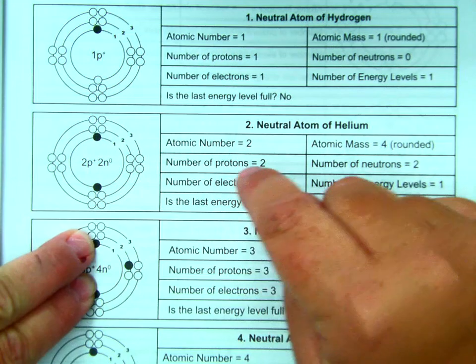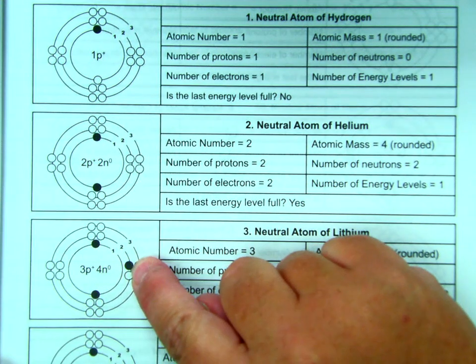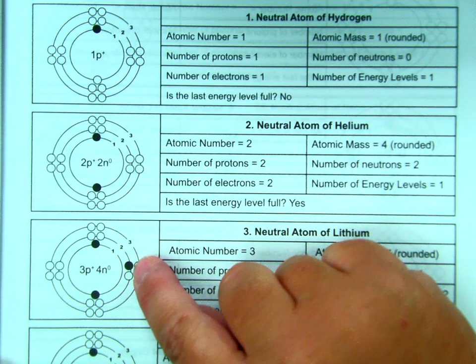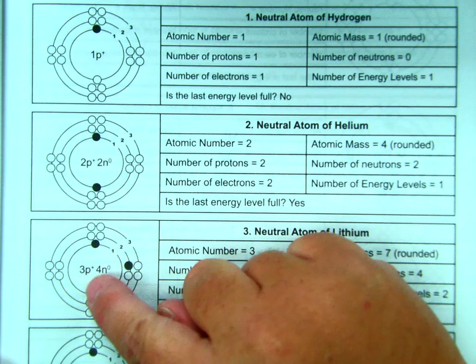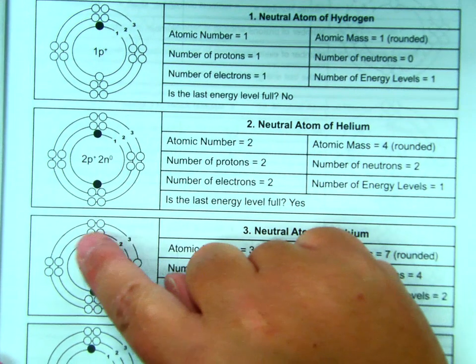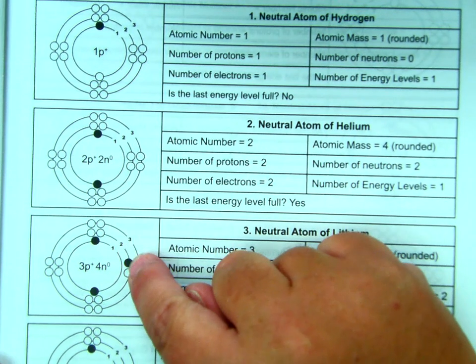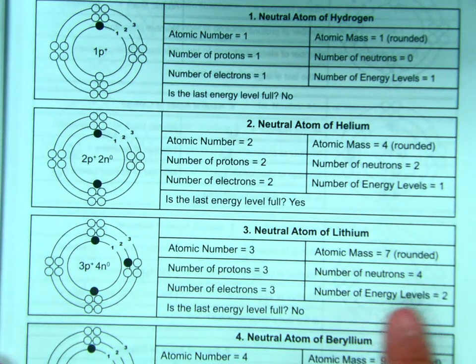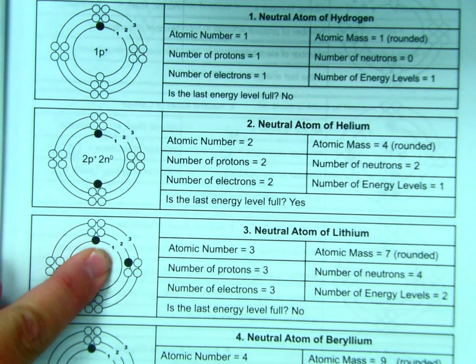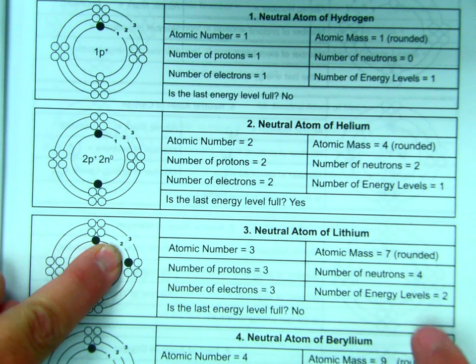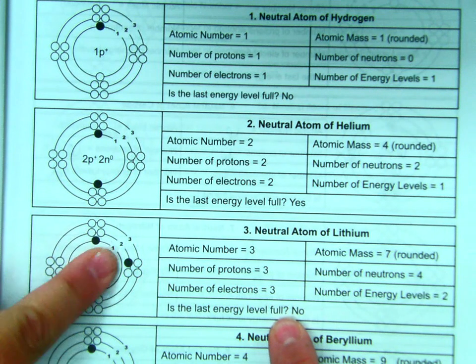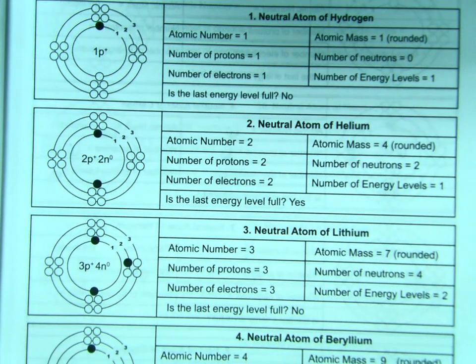So I have to go out to the next energy level and fill in number 3, which is here. So we have 3 electrons. 2 can only go in the middle, so we have to put number 3 out here. So we used energy level 1 and energy level 2. So 2. And did we fill in energy level 2? No, we did not.